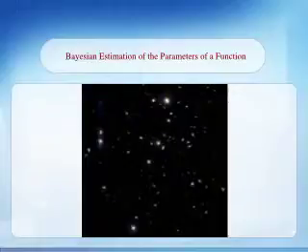In the case of the Bayesian approach for the parameters, we define a Gaussian prior p of w, which is N of 0, alpha to the inverse times the identity matrix I, and which is a conjugate prior.